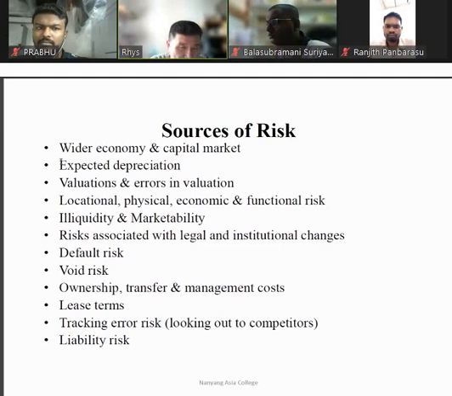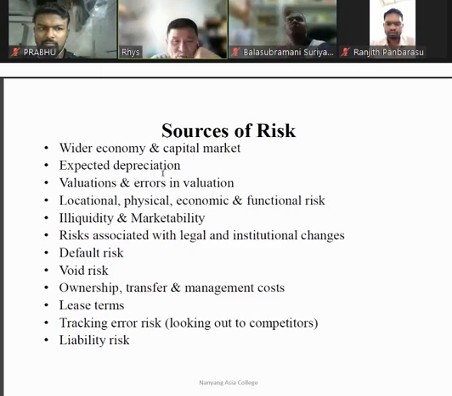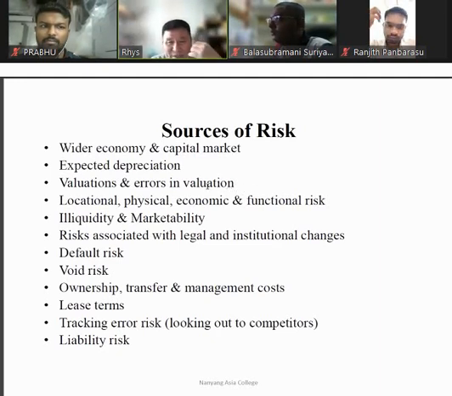In a company where you buy a lot of equipment, they will be subjected to some depreciation. This is a worldwide accounting practice. Then valuation and error in valuation. If you get somebody to evaluate your company, and the person has no knowledge and does it anyhow, then the result will be no good.